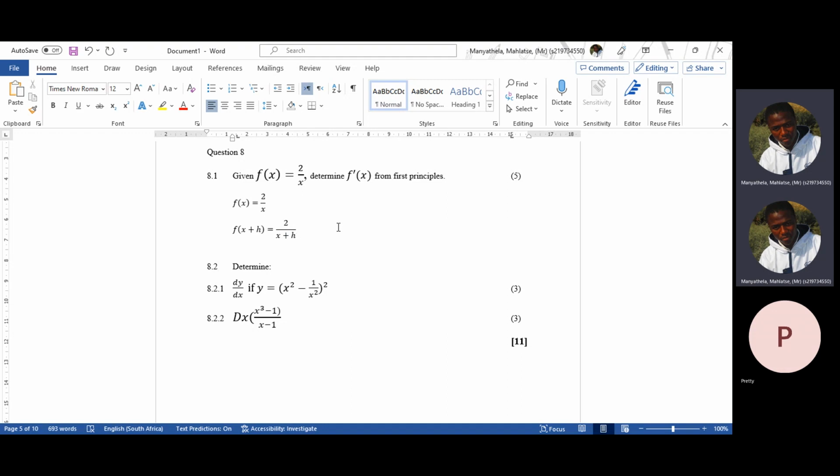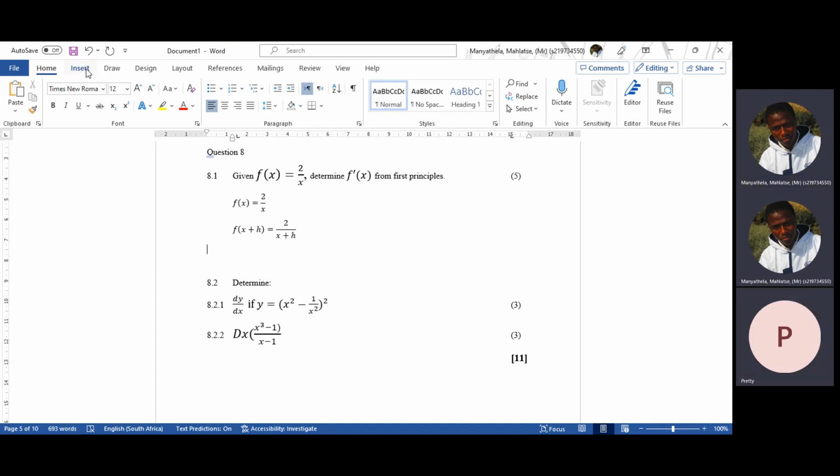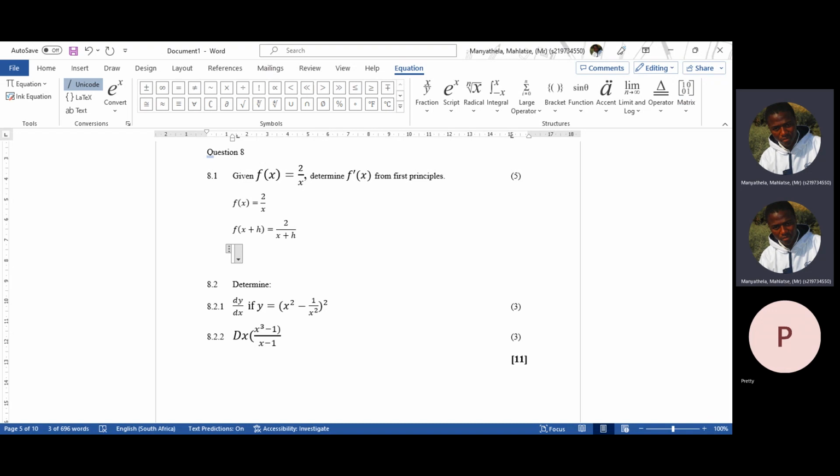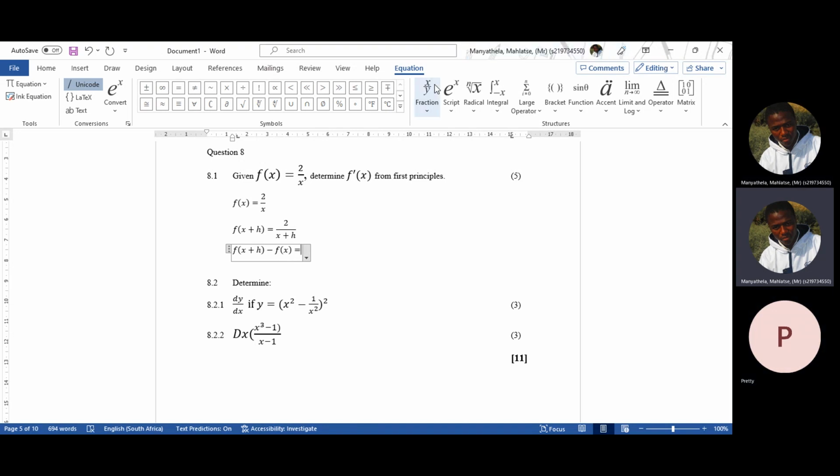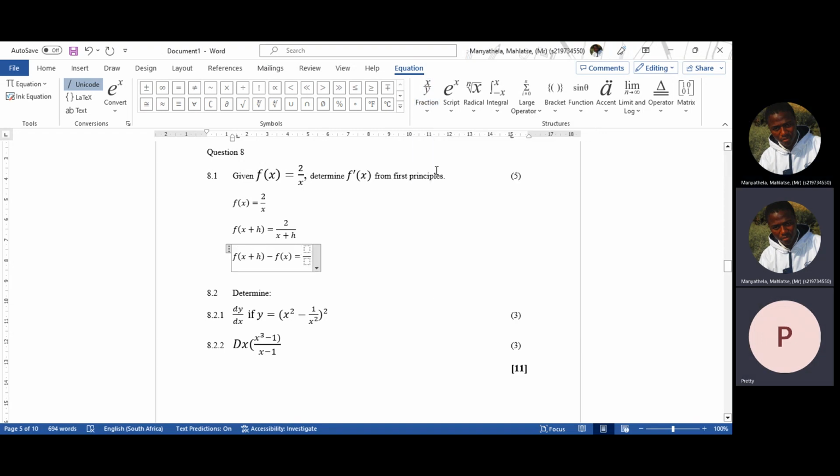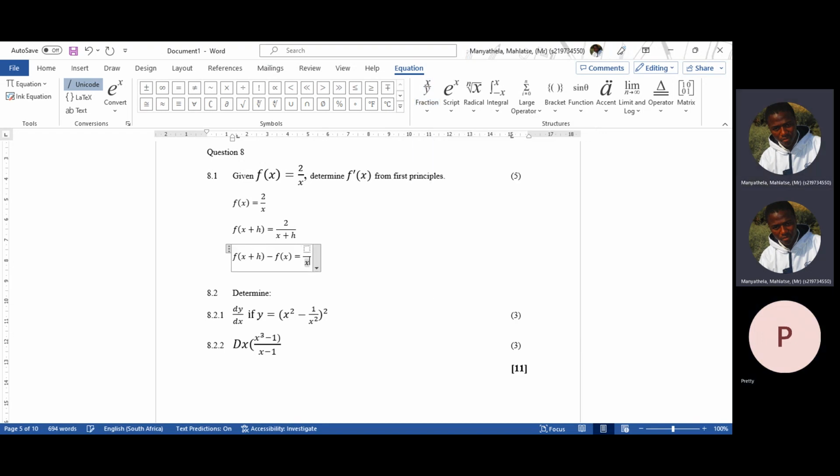So we are going to treat f of x plus h subtract f of x alone before we can even introduce the limit to simplify it. Don't include the limit yet because it's a fraction, you might complicate it.